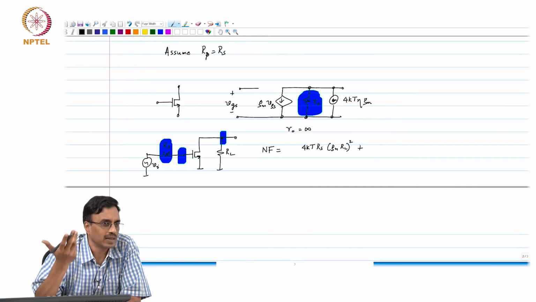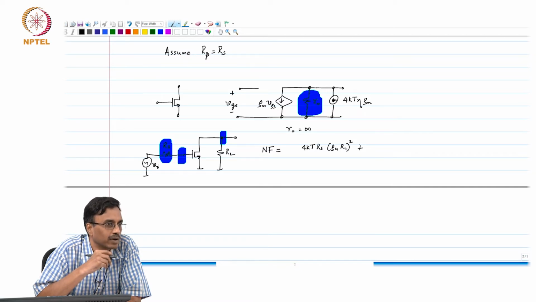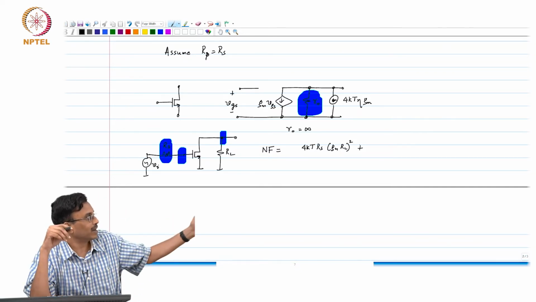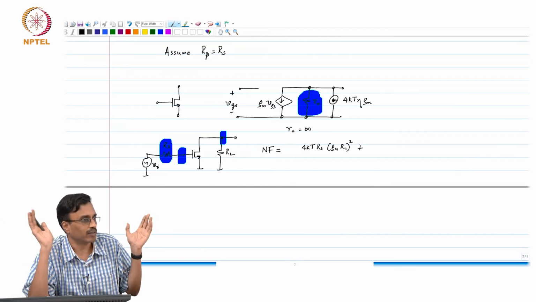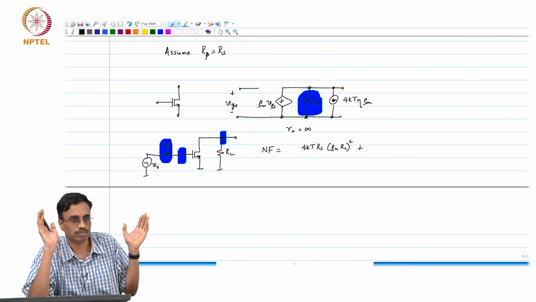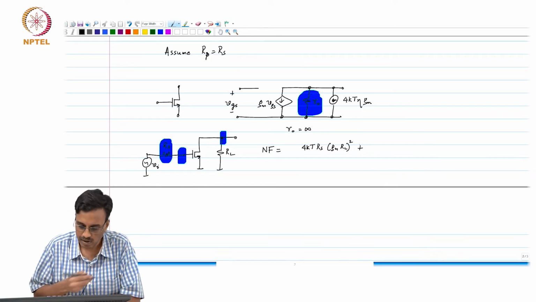So that is where the adjoint, the inter-reciprocal network, is so useful, because you write down the MNA equations of this big network, you solve it once, and you get all the transfer functions that you are looking for. So, back to our example.